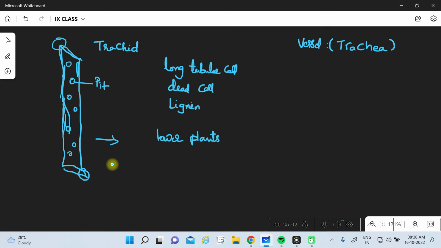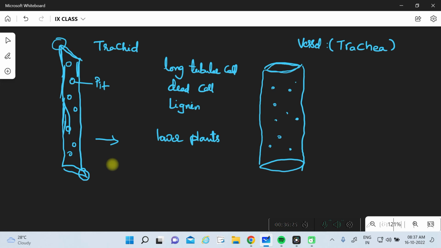Trachea is a technical term for vessel. Normally the vessel is broad when we compare it with the tracheid. Here also you will see small minute pores which we call pits. This is how we normally see it.